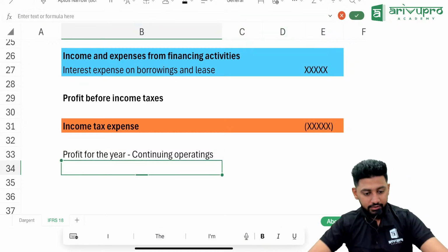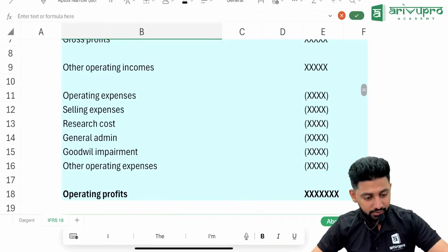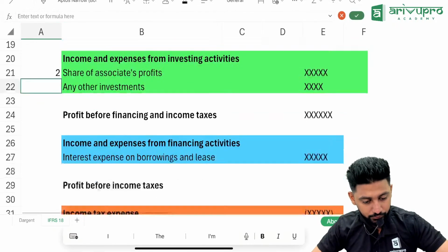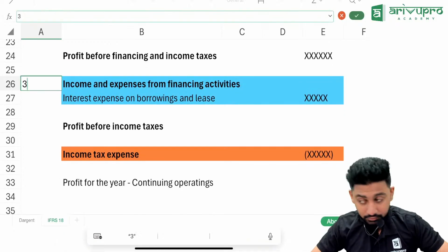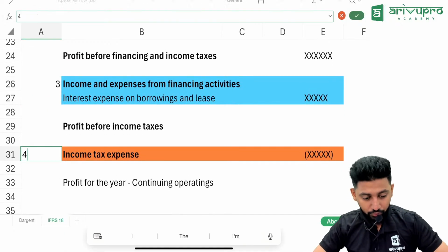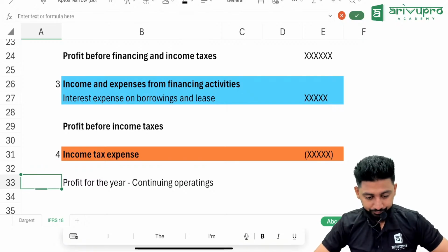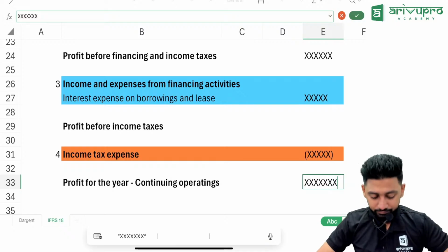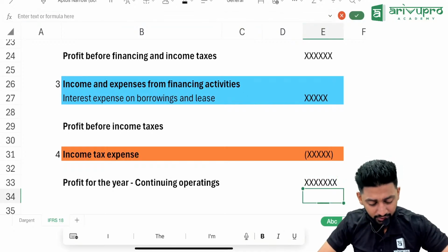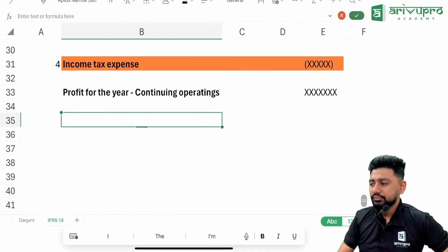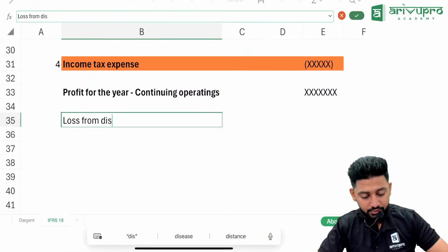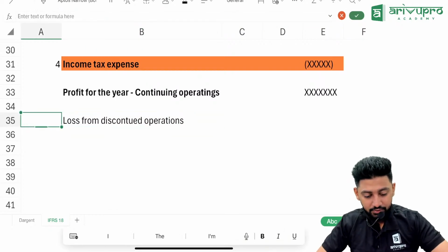I told you 5 headings. How many headings have I covered? This is my first heading. 1, 2, 3, 4. So I have one more to cover, profit or loss from continuing operations, and then loss from discontinued operations. This is my 5th heading, number 5.